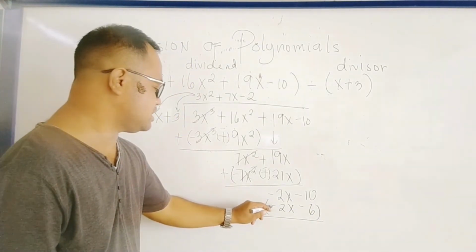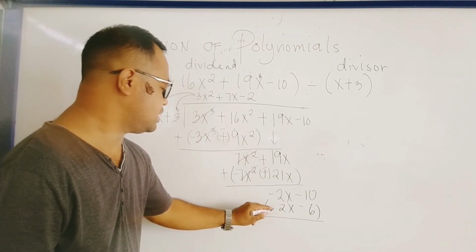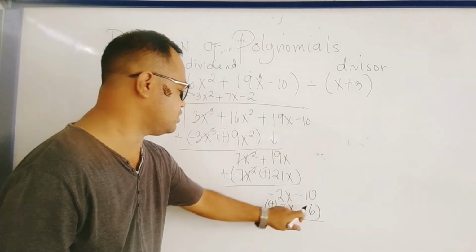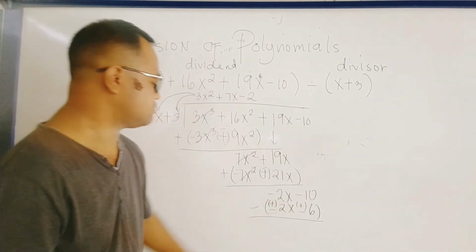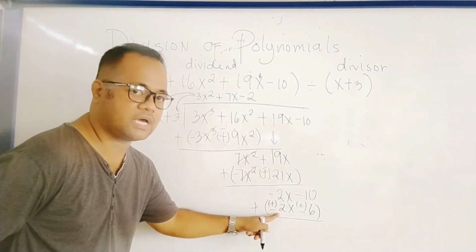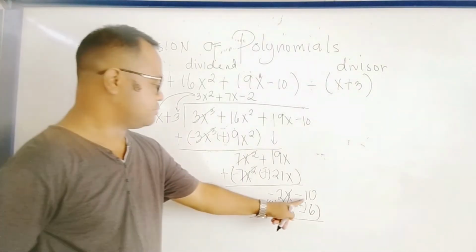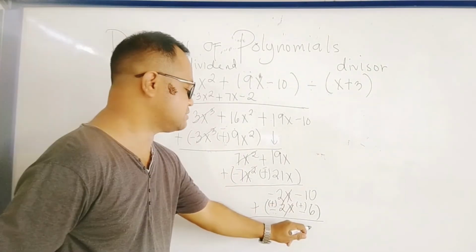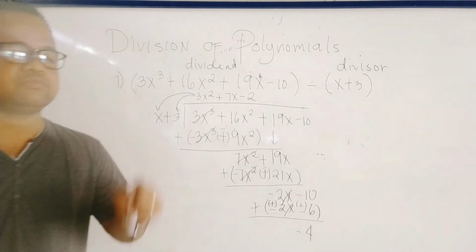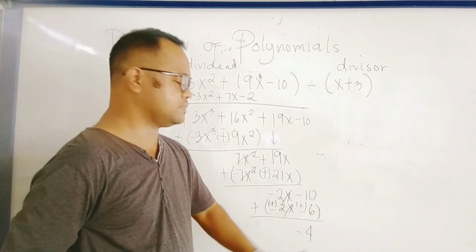When you subtract, you change the sign, so this will become positive, and this will also become positive. Then 2x minus 2x is 0. 10 minus 6 is 4. The sign is negative because the absolute value of 10 is greater than the absolute value of 6.